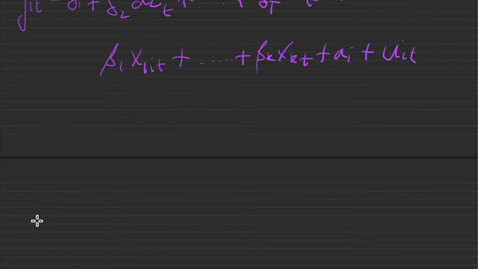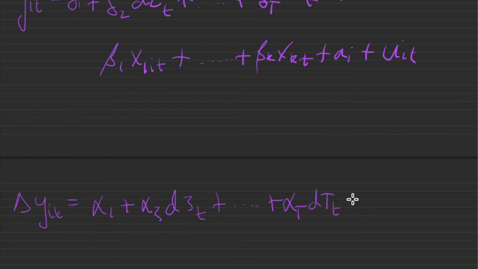And first differencing this equation gives us delta y_it is equal to alpha 1 plus alpha 3 d3t through alpha T dTt, and then we have our beta 1 delta x1 it through beta k delta xk it plus delta u_it.